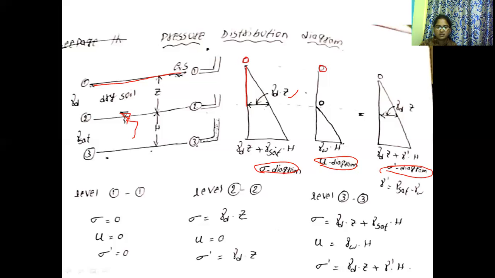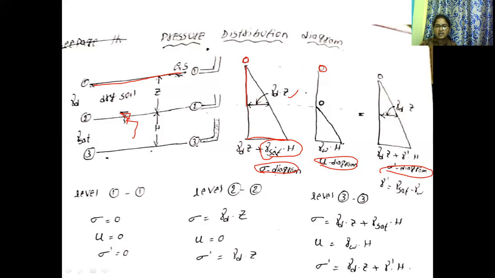And from layer 1 to layer 2 and coming to layer 3, here 0 plus gamma D into Z. As usual, you can write gamma D into Z plus gamma sat into H. Why? Because we can write gamma saturation into H. What is the total stress definition?